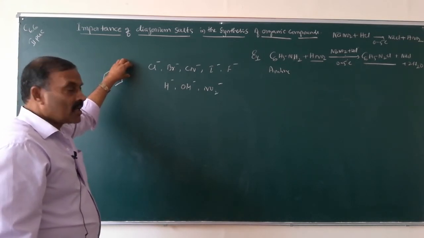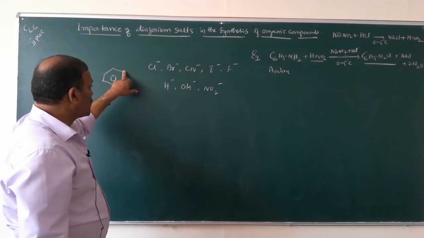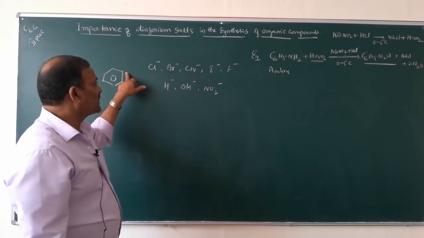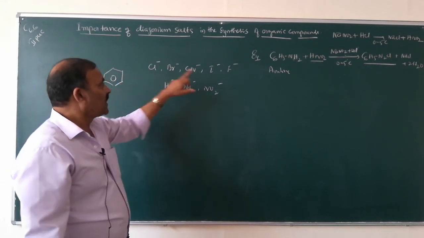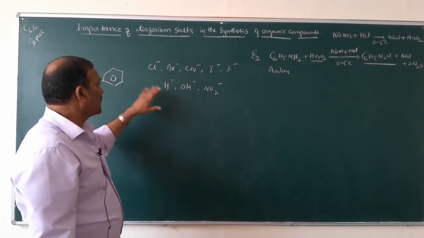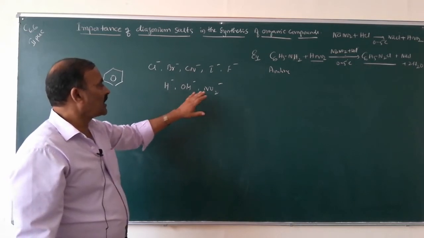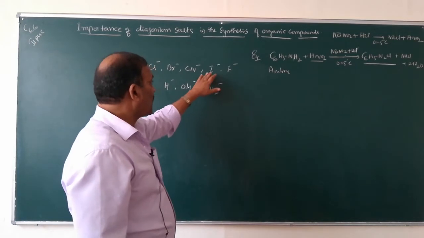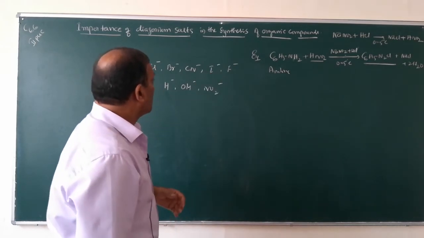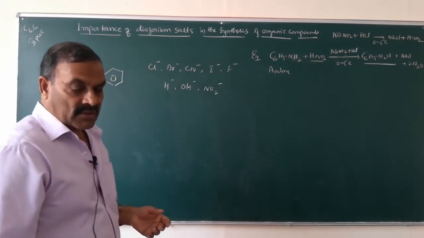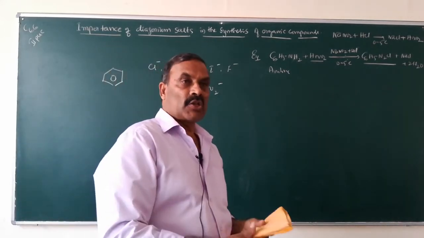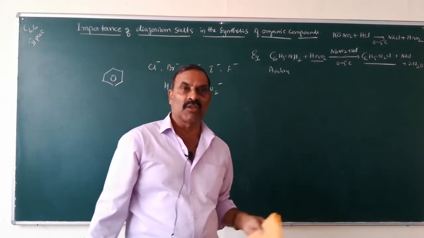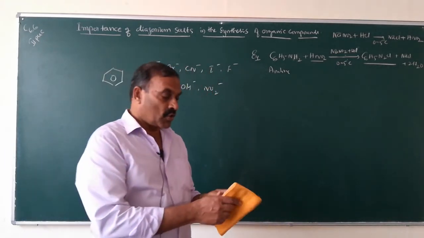So when Cl minus is introduced, you will get chlorobenzene, bromobenzene, cyanobenzene or benzene nitrile, iodobenzene, fluorobenzene, benzene, phenol, nitrobenzene, etc. So direct introduction of I minus and NO2 minus is not possible, but using benzene diazonium chloride we can easily introduce these functional groups.